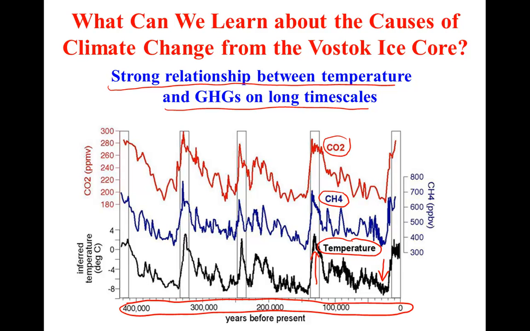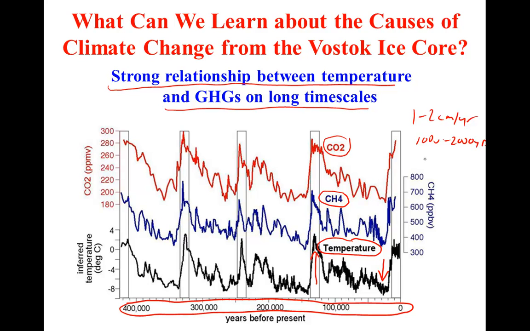This is because at 1 to 2 centimeters per year, it takes a couple thousand years for snow to be buried to sufficient depths for compaction to occur and seal those bubbles off.